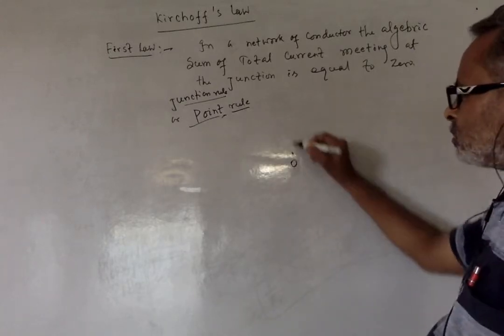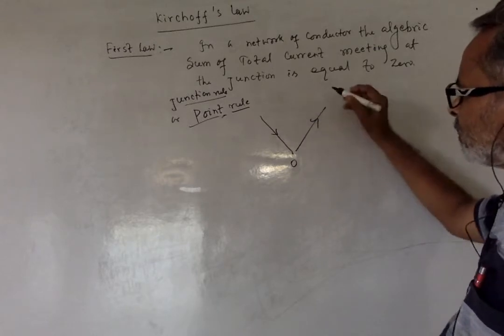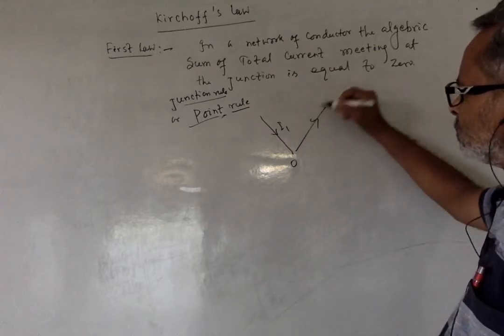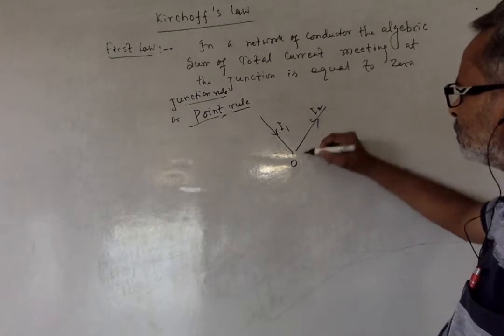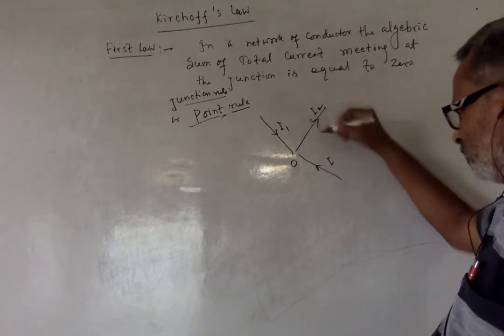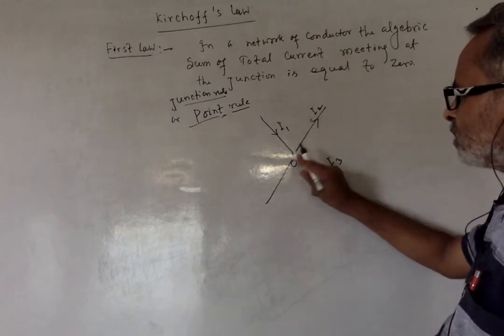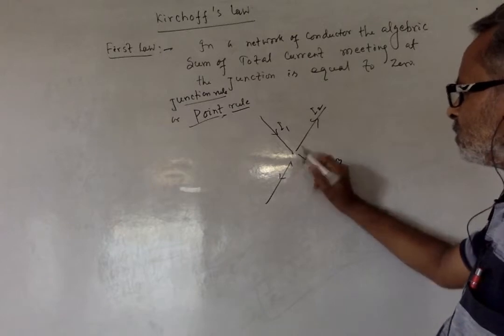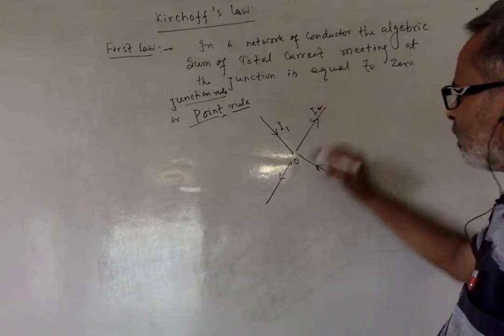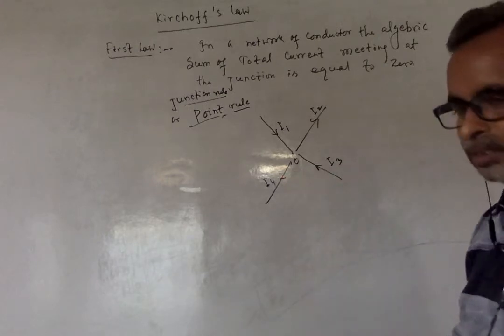This is the junction where different conductors are coming in and going out. In the figure, currents I1 and I3 are coming towards the junction, but currents I2 and I4 leave the junction.